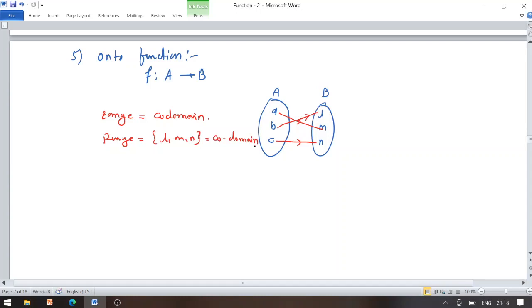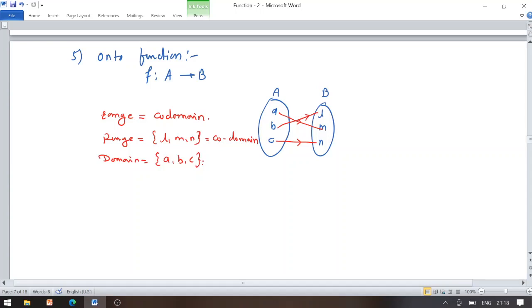Hence, f, the function from A to B, is onto. And what about the domain? Domain becomes the set of all elements from set A, that are A, B, C.